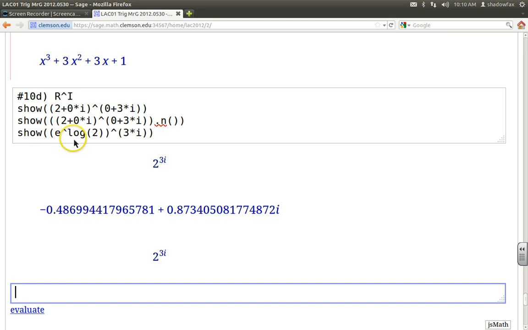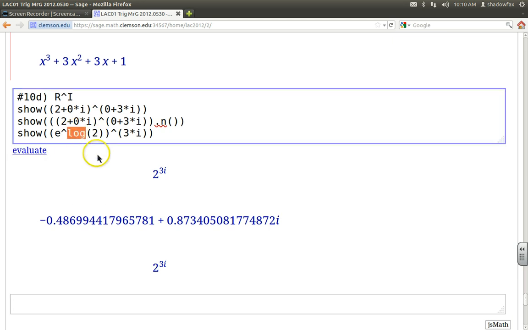What is e to the log of 2? By the way, I should clue you in that log in Sage is the base e log. This is the natural log. So what's e to the ln of 2 anyway? So this is still 2 to the 3i, right? But how do you take a power with 1 base and 2 exponents?